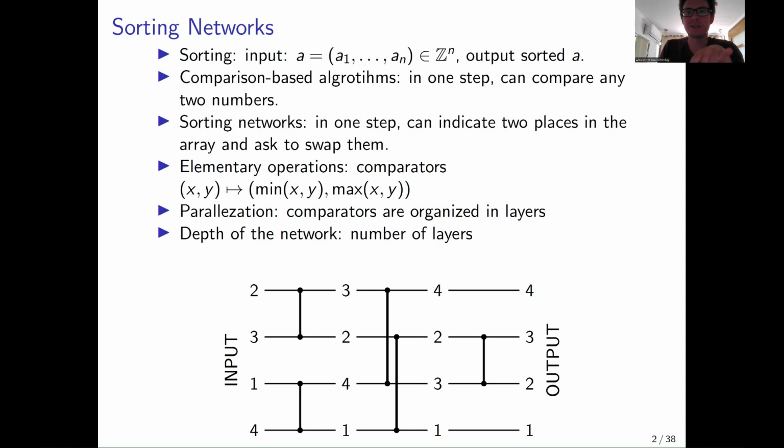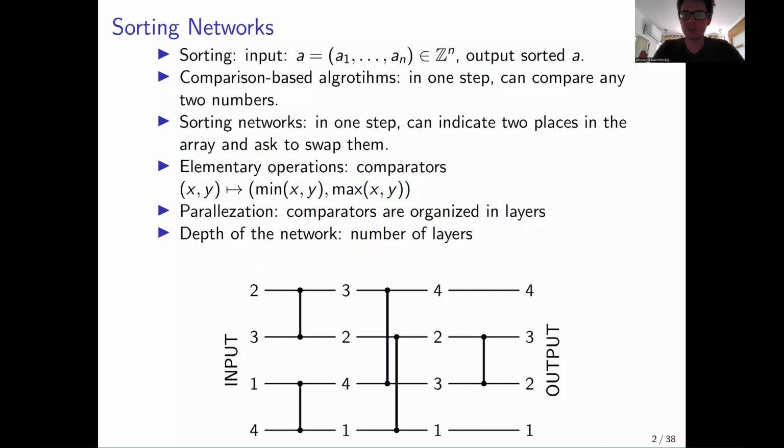This defines another very important parameter of sorting networks called depth, which is of interest if you want to parallelize the execution of the sorting network. The depth is just this: imagine that at one step you can do an arbitrary set of disjoint swaps.